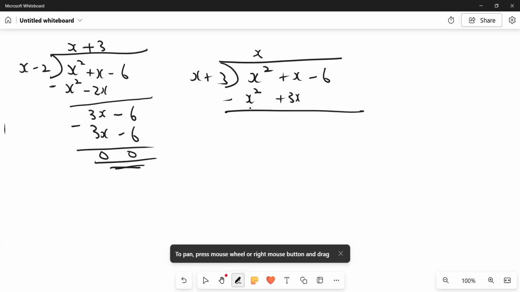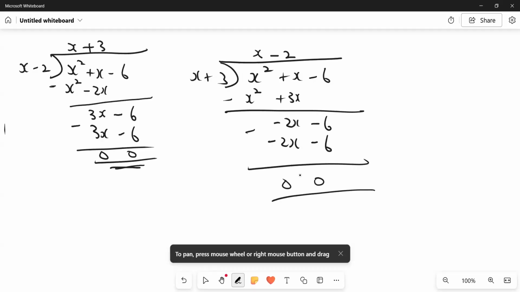Your subtraction gives minus 2x. Bring down your minus 6. x into minus 2x, you get minus 2. x times minus 2 gives minus 2x, and 3 times minus 2 gives minus 6. When you subtract, you get 0. So indeed, x plus 3 is a factor. When you divide x squared plus x minus 6 by x plus 3, you get x minus 2.